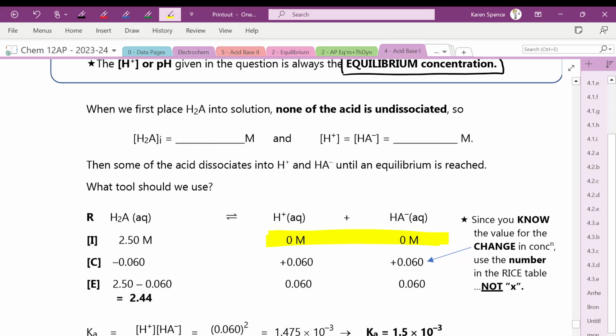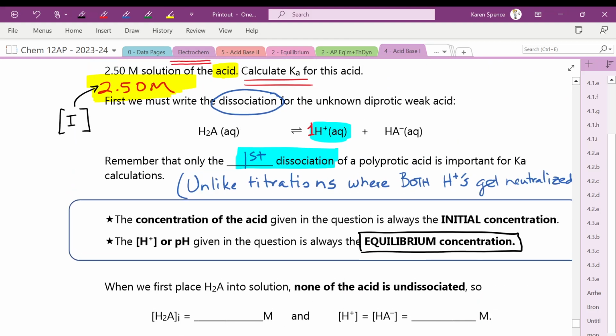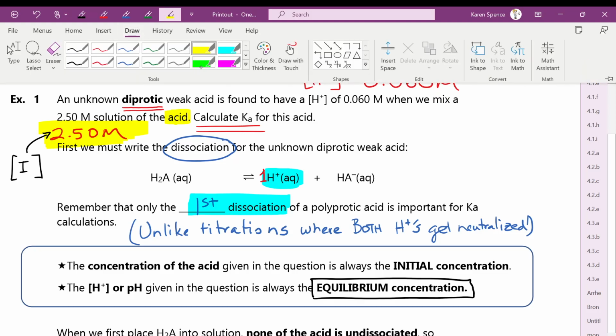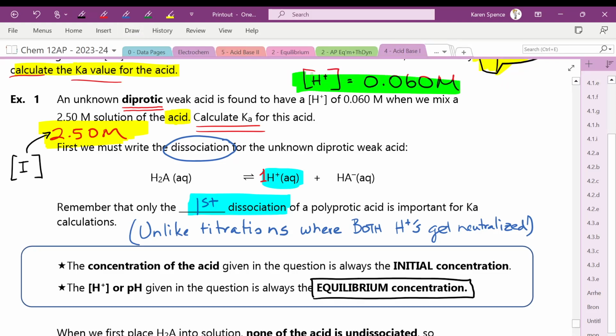So if you are given hydrogen ion, and in this case you are, we're told that hydrogen is 0.060 molar. That's going to be the equilibrium concentration, because the initial concentration is 0.